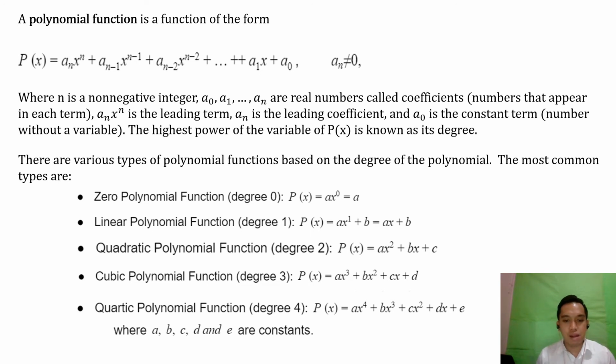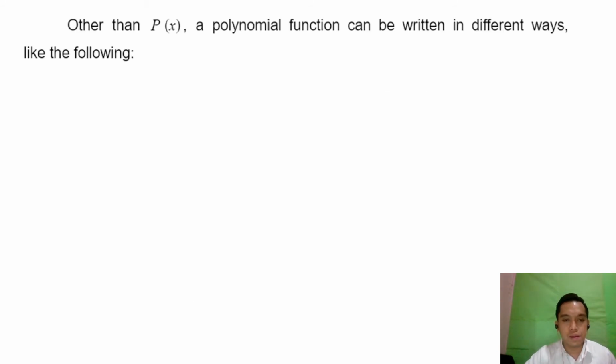Ang quartic naman, polynomial function, ang kanyang degree ay 4. So, ang kanyang forma ay p of x equals ax to the 4th power plus bx cubed plus cx squared plus dx plus e, where a, b, c, d, and e are constant. Yun yung mga constant, mga number.